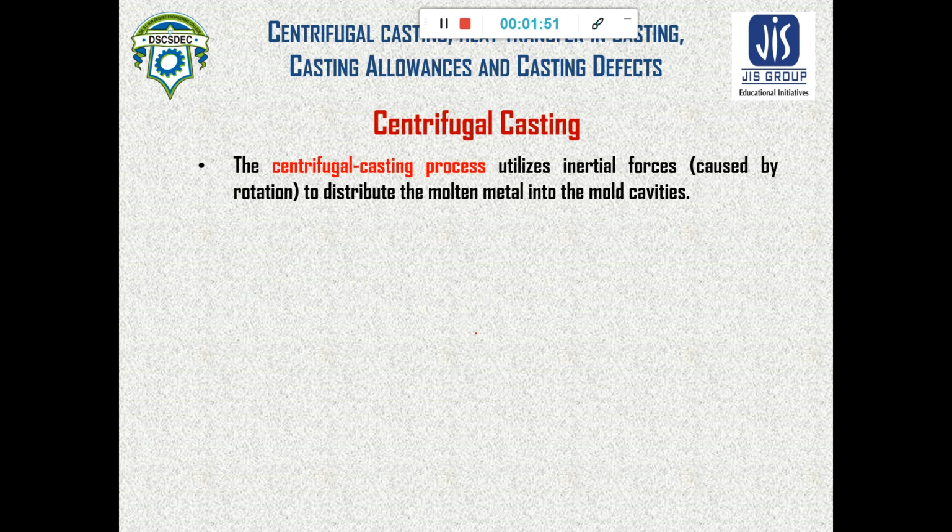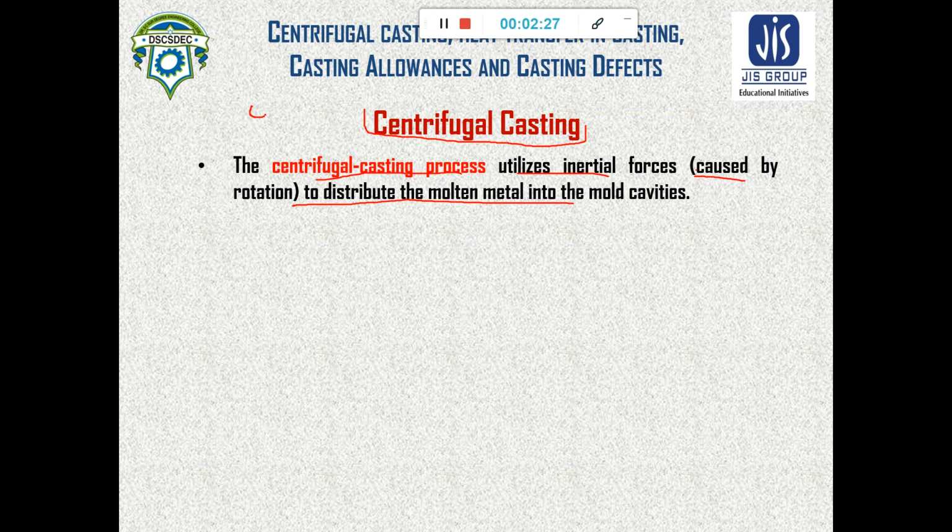It is also a process of permanent mold casting. That means in centrifugal casting the mold is permanent, but why is it differentiated again? Because centrifugal casting utilizes inertial force caused by rotation. That inertial force is used to distribute the molten metal into the mold cavity. So that's why this is called centrifugal casting.